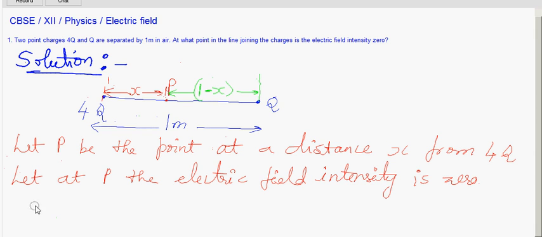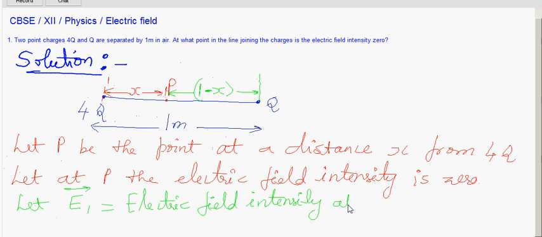Let E1 be the electric field intensity at P due to 4q.